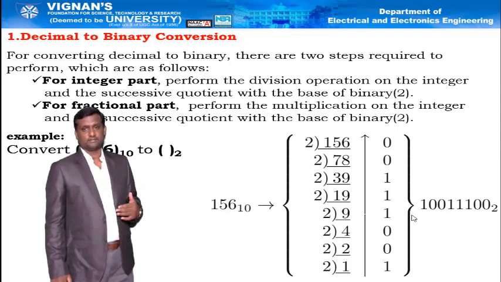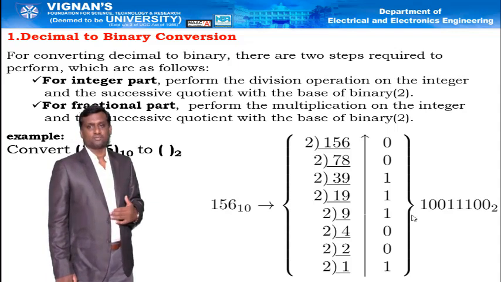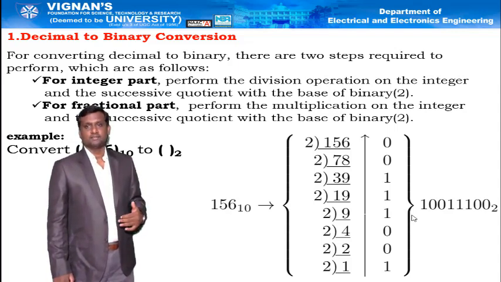Like that, the successive divisions, and note down the remainders. The division has to be continued till getting 0 quotient, or there is no further possibility of division.